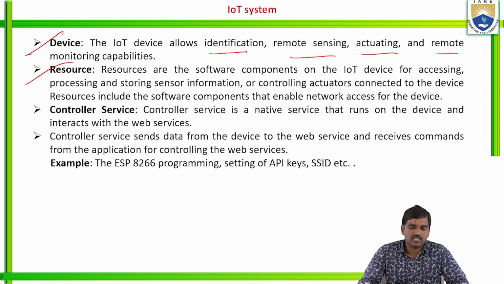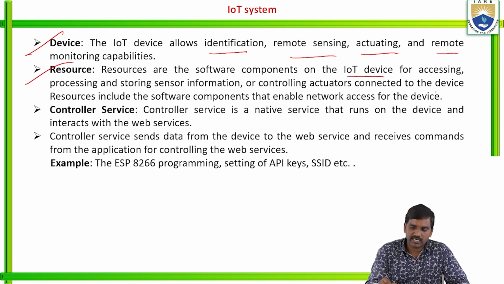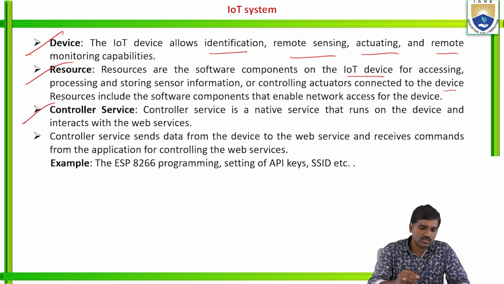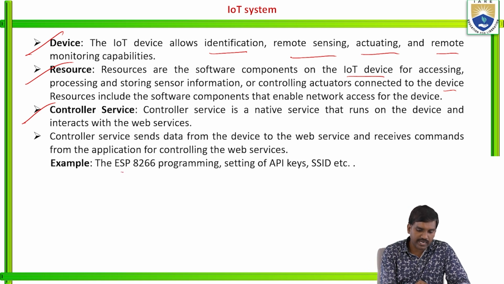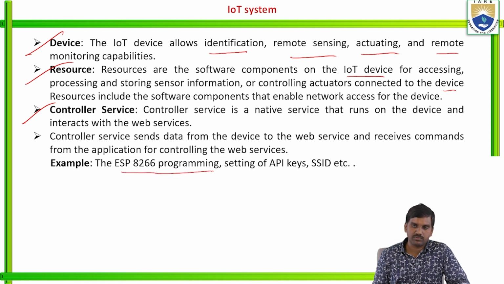The resources are the software components on the IoT device for accessing, processing, and storing sensor information, or controlling actuators connected to the device. The controller service is a native service that runs on the device and interacts with the web services. Example: ESP8266 programming, setting up API keys, SSID, etc.